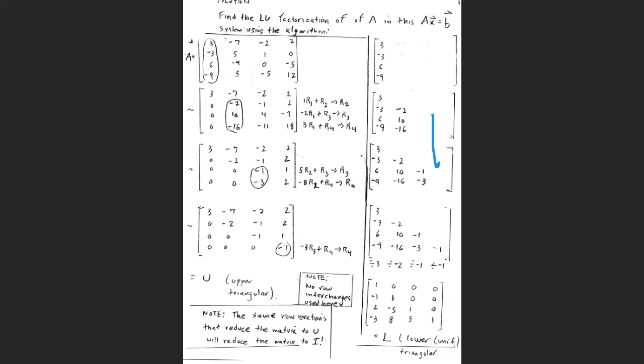Forget about this part. We're just finding the LU factorization of A. So here's what we do.